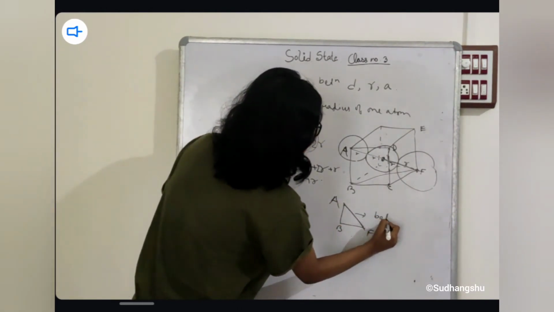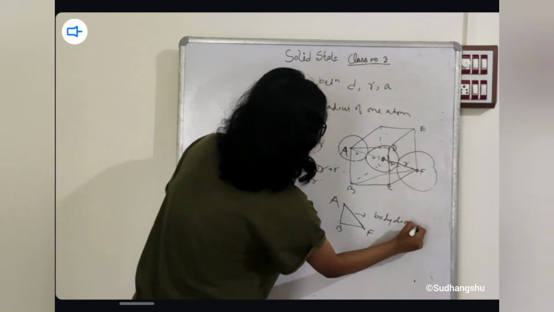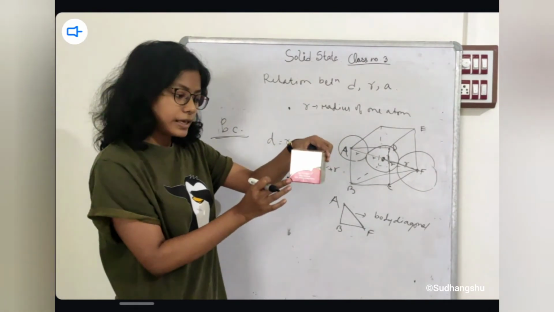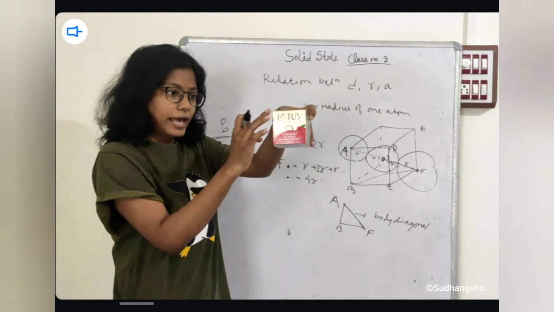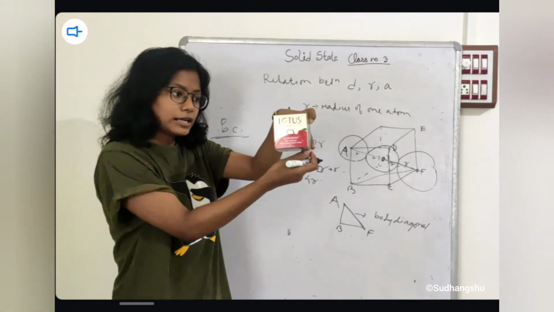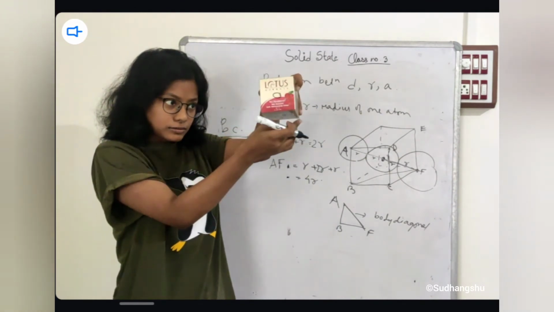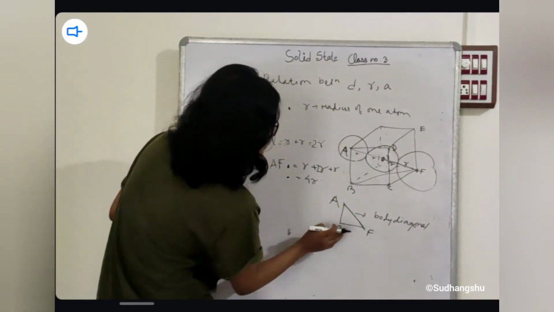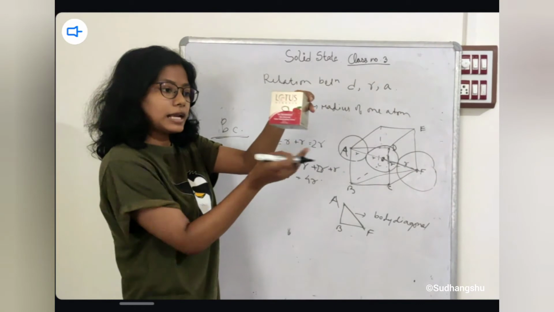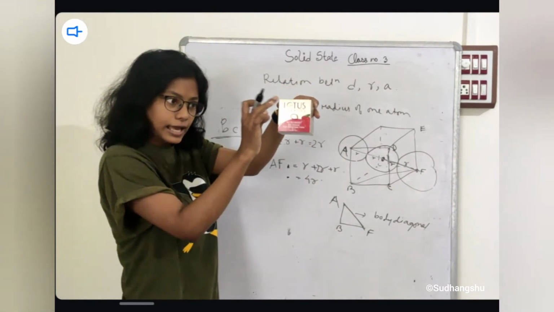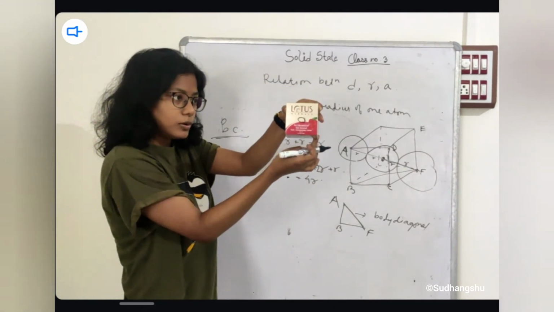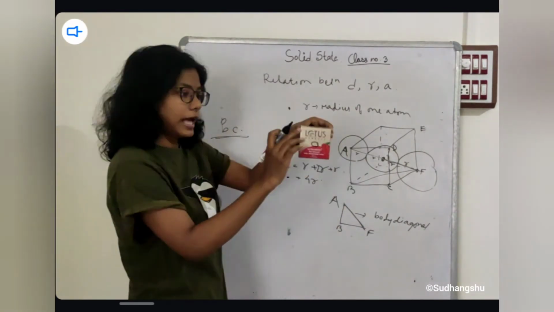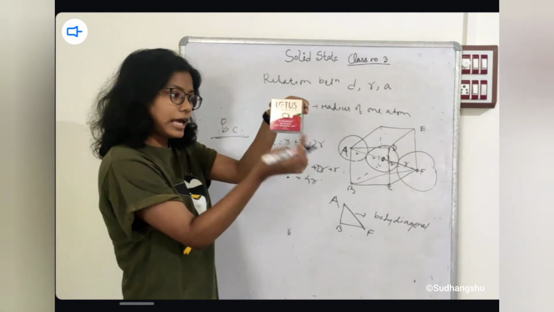So triangle is A, B, F. So the edges will be AF, AB and BF. AB, BF, AF. Okay.